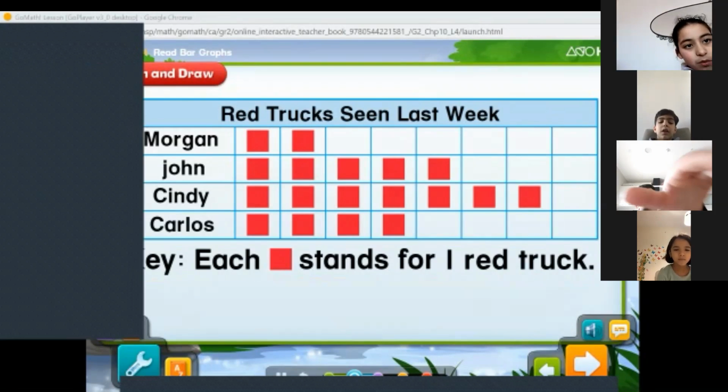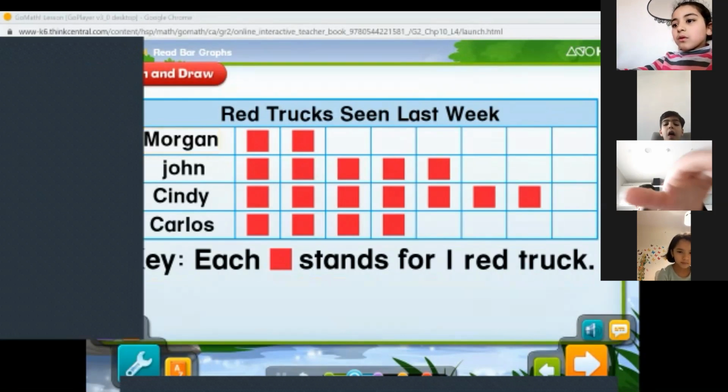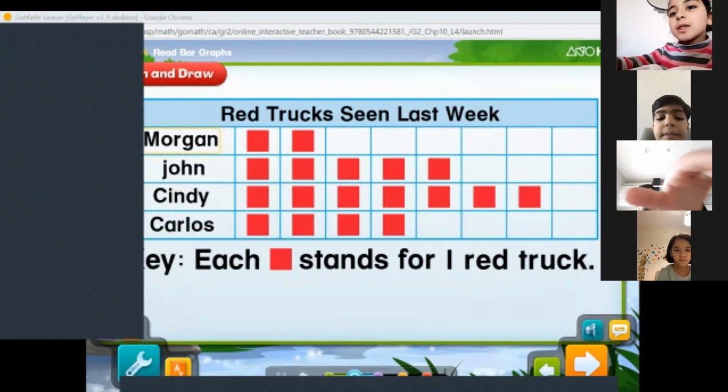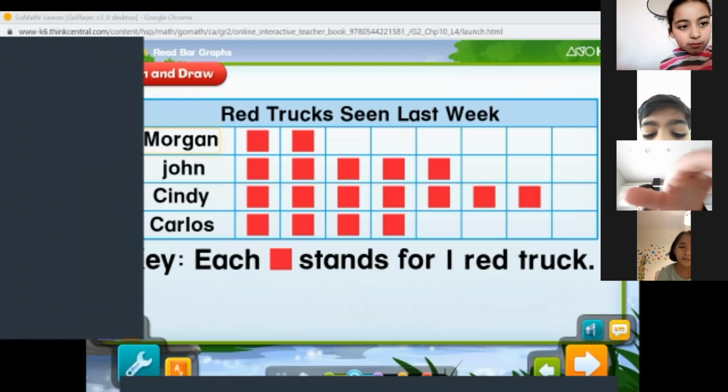How many red trucks did Morgan see? Each red square stands for 1 red truck. So, how many red trucks did Morgan see?